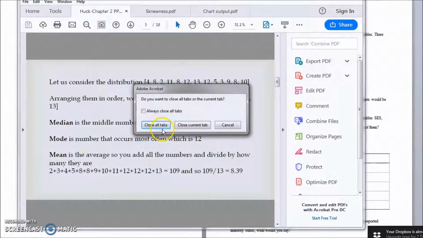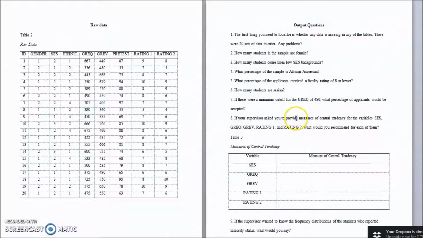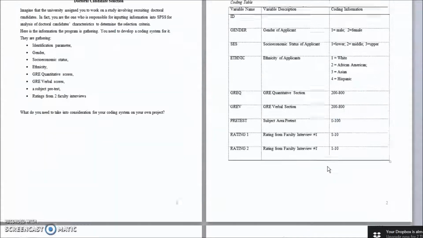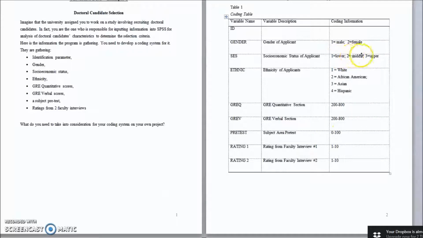But you have to think about what makes sense. For example, let's do the first one, SES. SES has 1 for lower, 2 for middle, and 3 for upper. If I take a mean of SES and it comes out to be 2.2, does that make any sense to you?